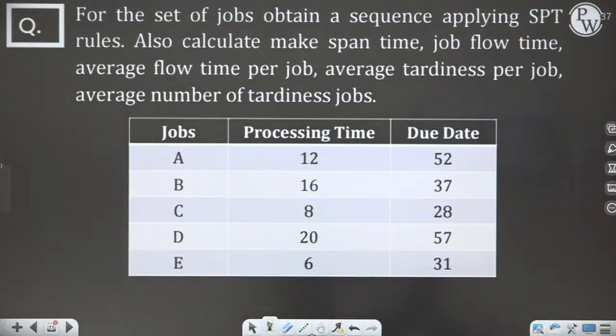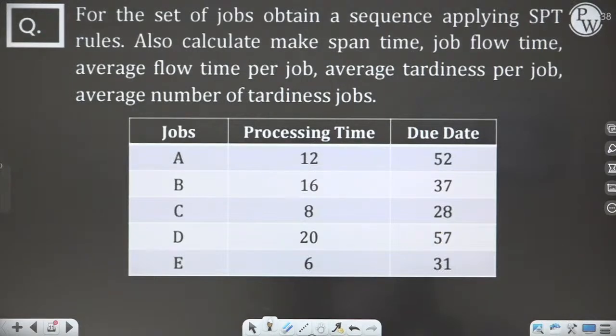Have you noted? My dear, have you noted or not?